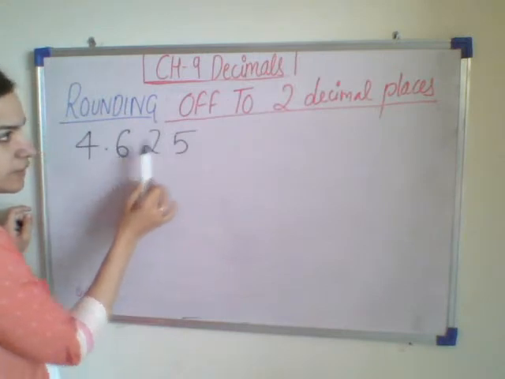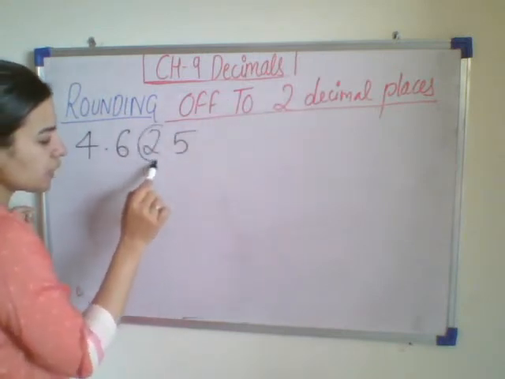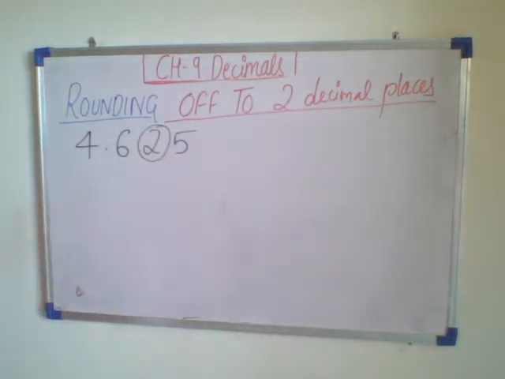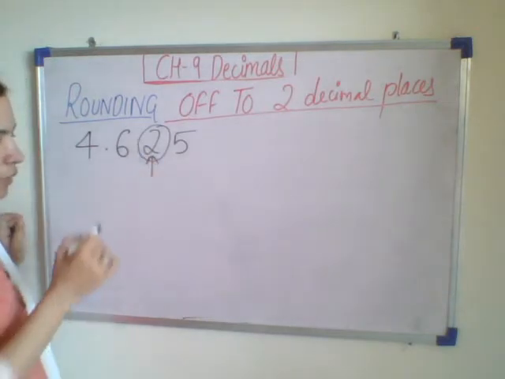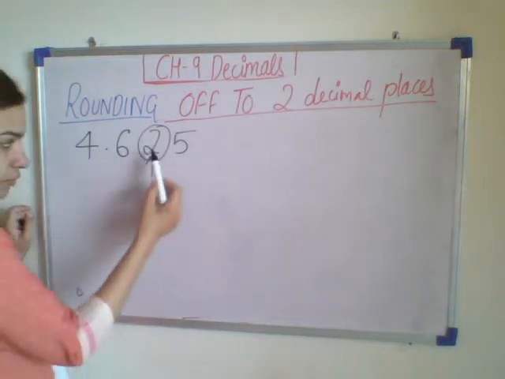So which number is there at the 2 decimal places? 2 is there at the 2 decimal places. So this is the rounding off place. Now what we have to see? We have to see the digit to the right.